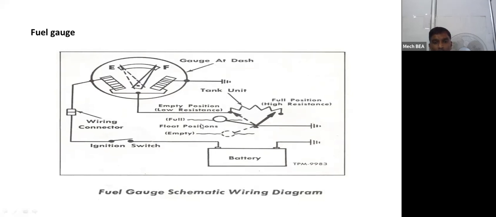This is the float. This is the float in empty condition. So based on the value of resistance, this will indicate a full or empty tank. This is the gauge provided on the dashboard.